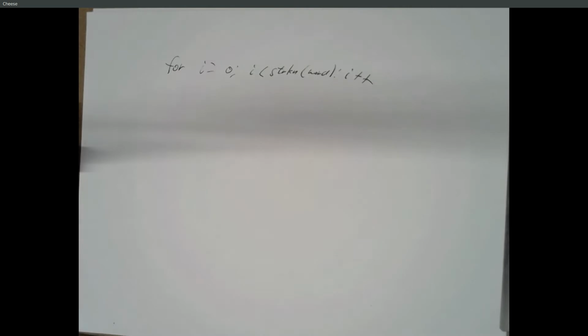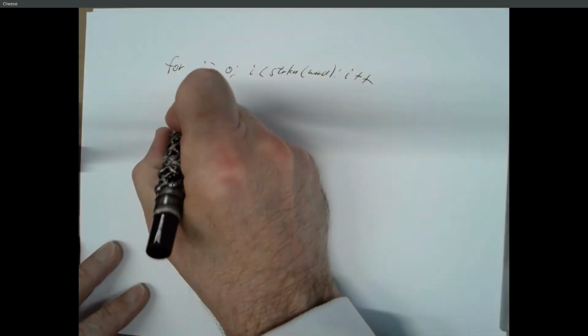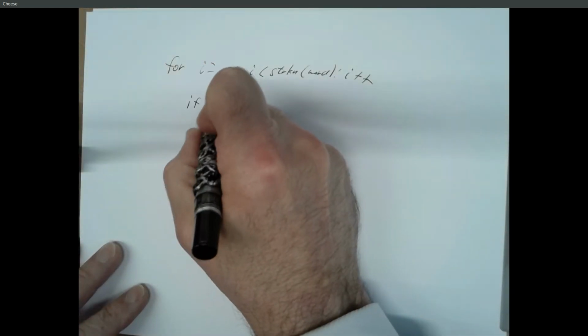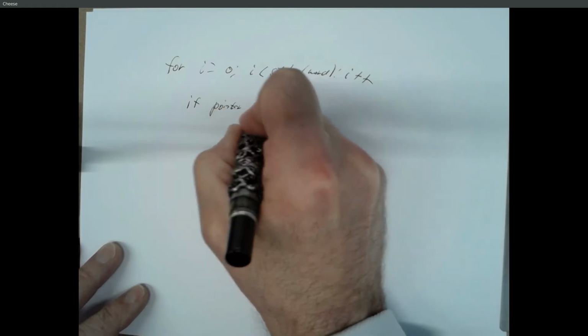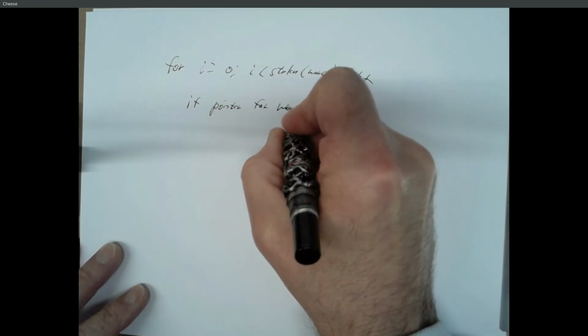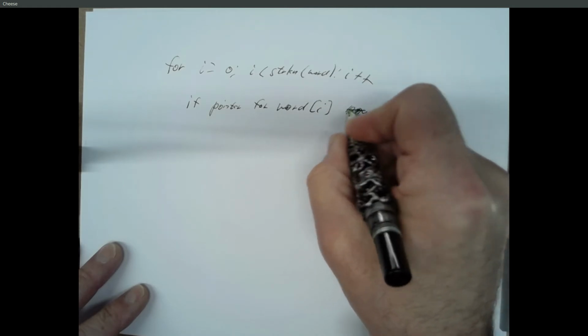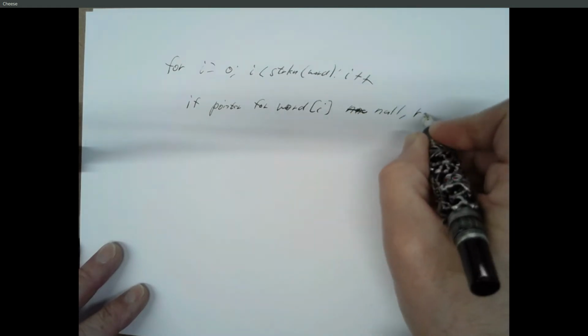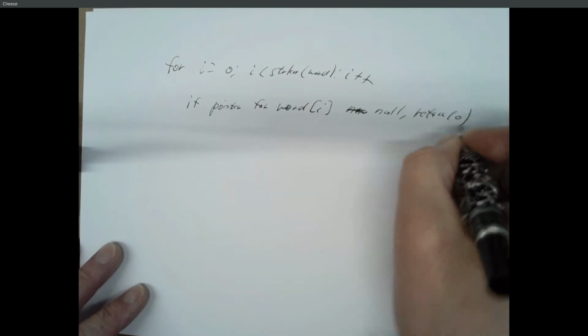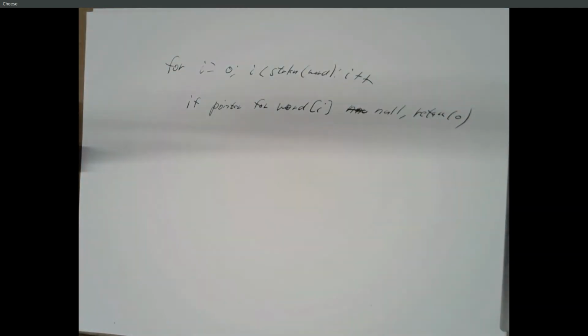So this gets you each character in the word. If the pointer for that character is null, you're done. The word's not in the try. So go through your input word character by character. If the pointer corresponding to a letter is null, just return 0. Don't want to do anything more.